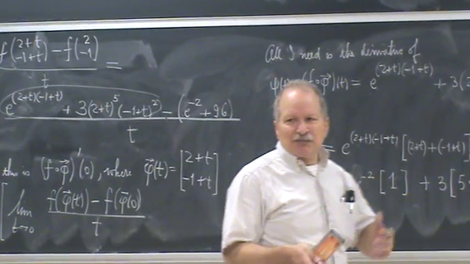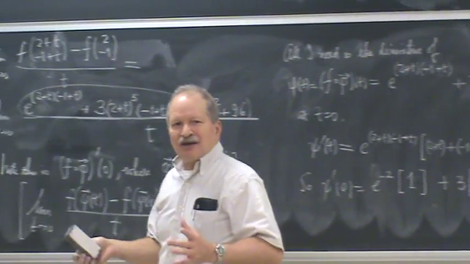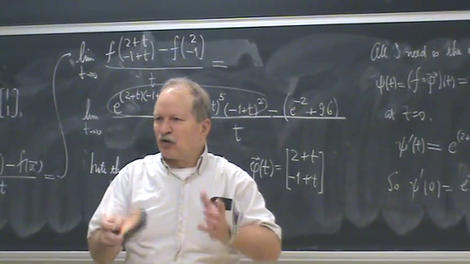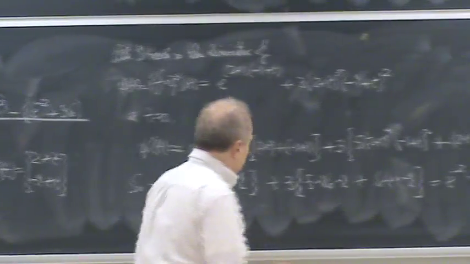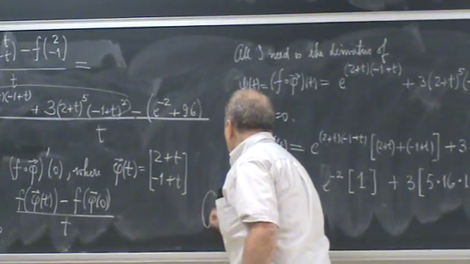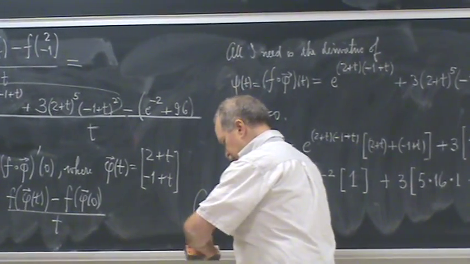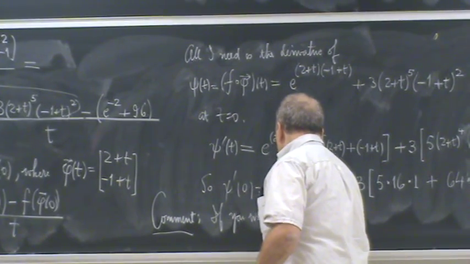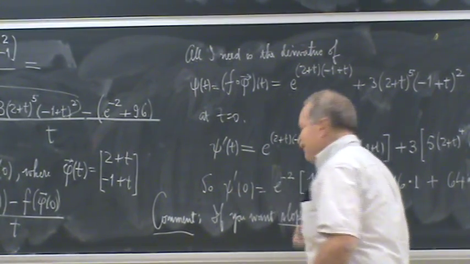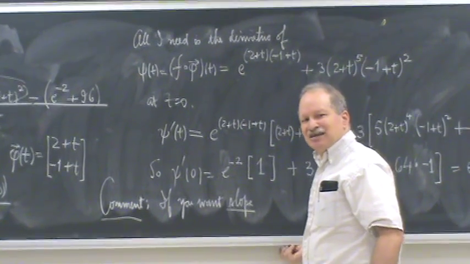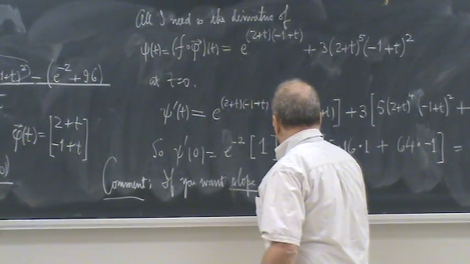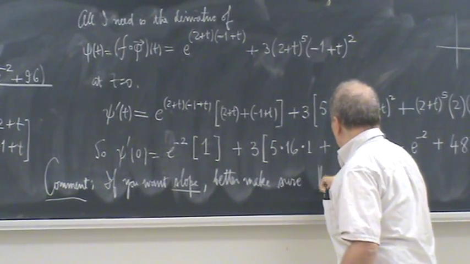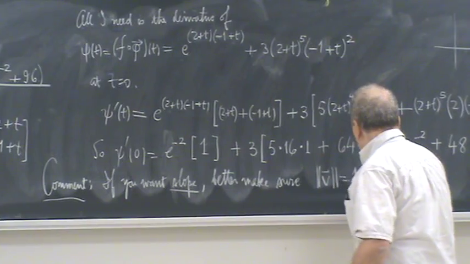And again, those of you who've seen multivariable should have been trained that when you have some formula that we'll get to soon, you always had to apply that formula with a unit vector. So the comment is, if you want slope, as opposed to rate of change, you need to make sure that your instantaneous velocity is 1.